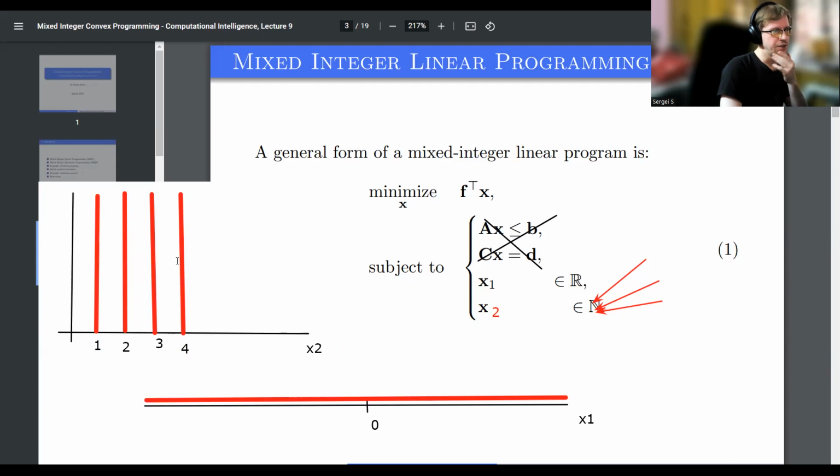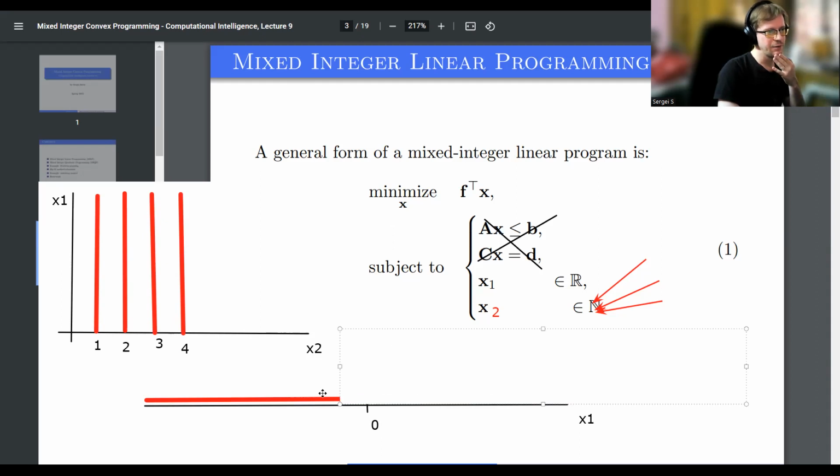With those vertical spikes, by them I meant that x1 is defined at a point. I guess I could even draw this. If this vertical axis is x1, then this is actually the domain of the problem.